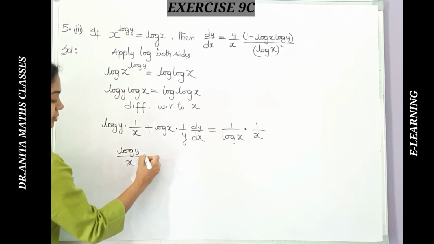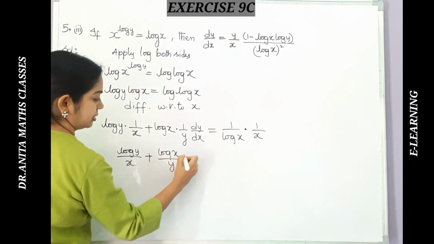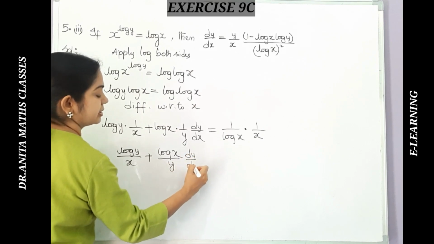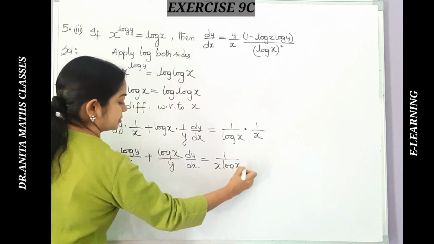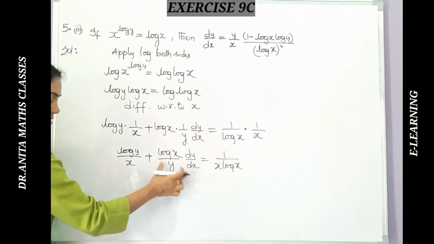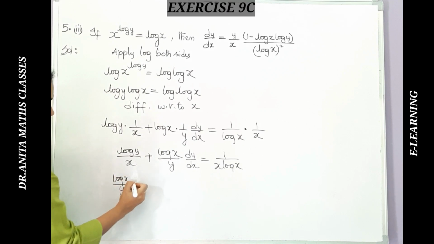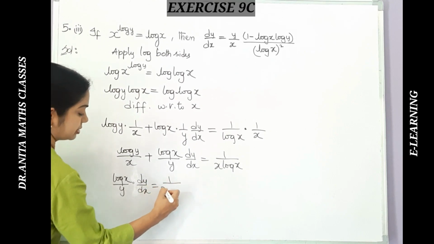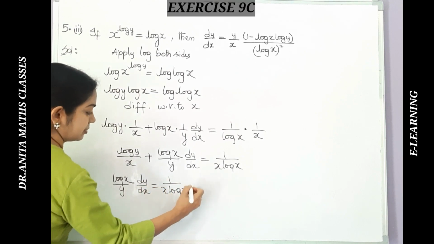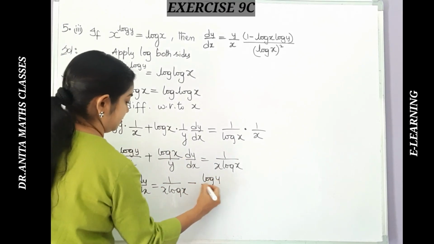Plus log x upon y dy by dx is equal to 1 upon x log x. Keep this to this side, shift this to the other side, so that becomes log x by y dy by dx is equal to 1 by x log x minus this part, log y by x.